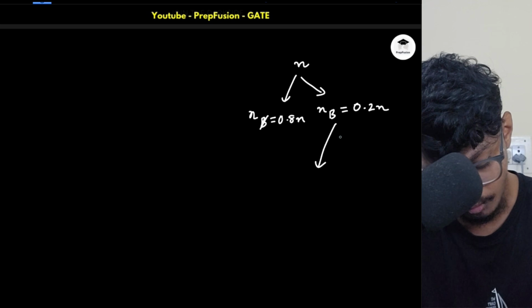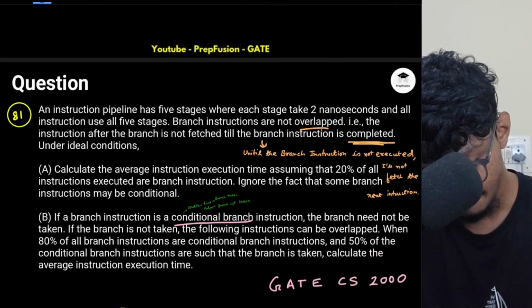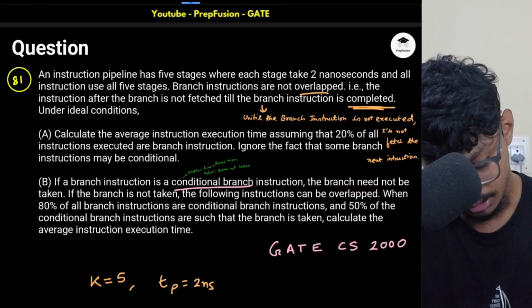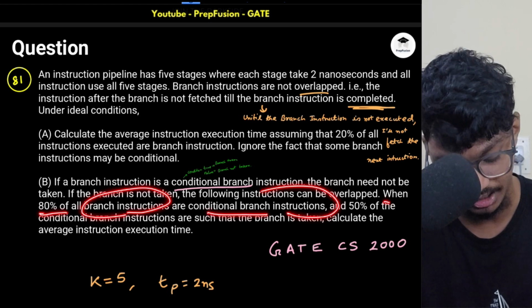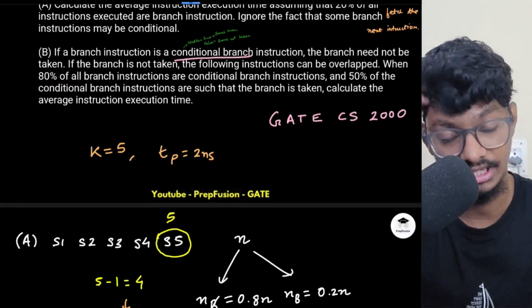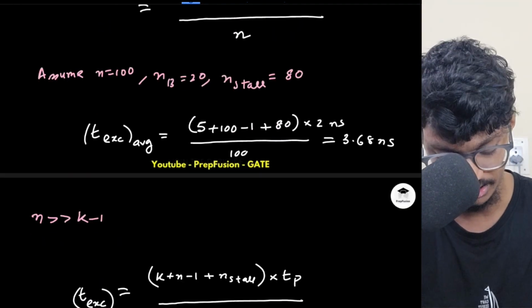Now out of this 20% branch instructions, they are telling me that 80% of all the branch instructions are conditional branch instructions.